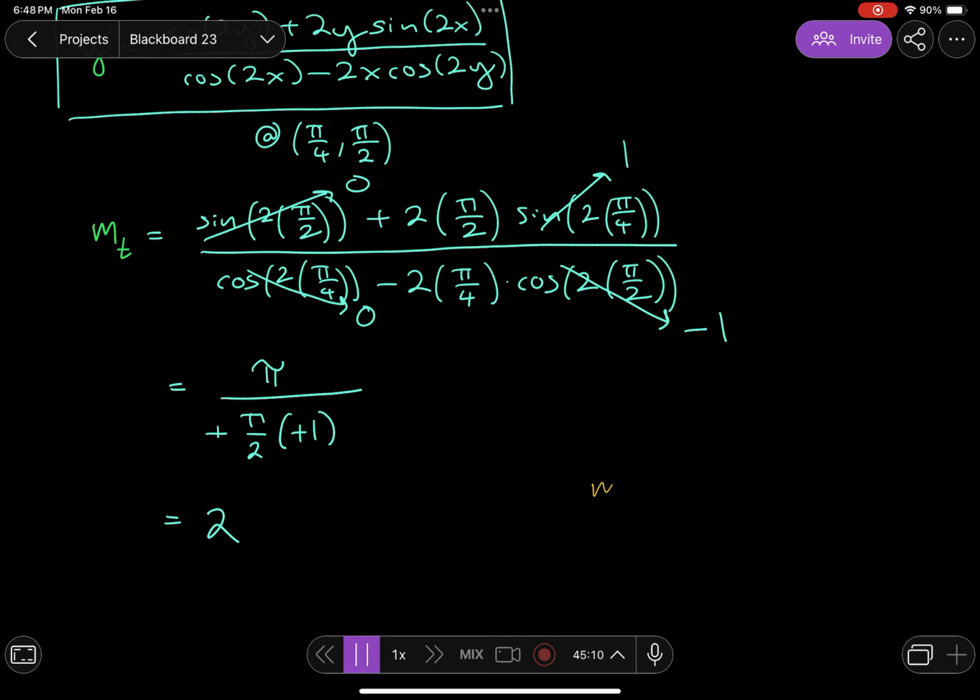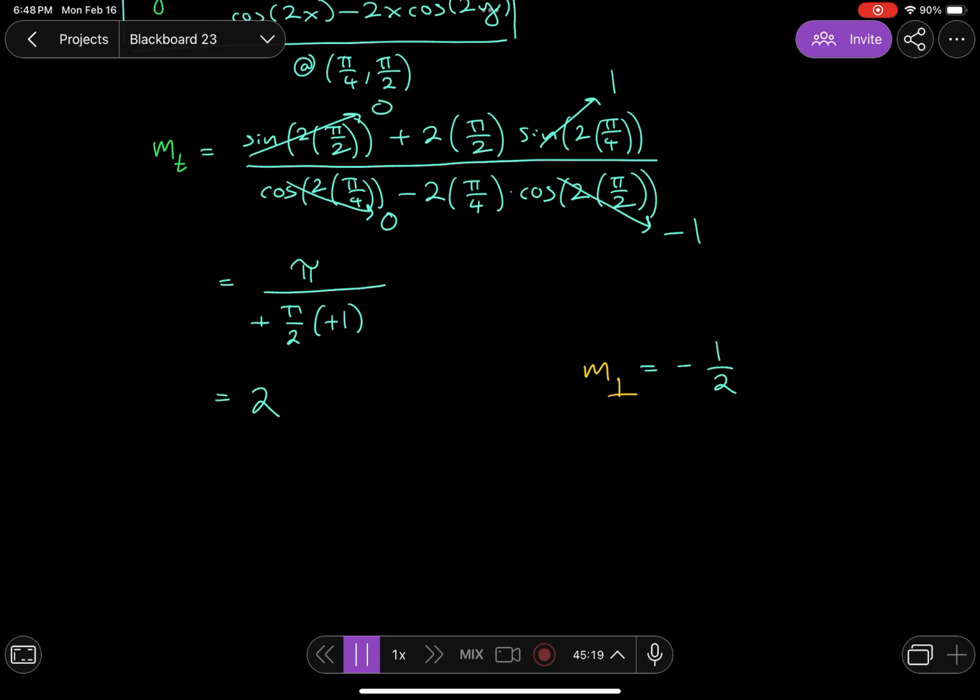Slope of the tangent line is 2, which tells me that the slope of the normal line is equal to negative 1/2. And then I use my nice formula, y minus y naught is equal to the slope of the tangent line times x minus x naught. And we have y minus the point that we know is on our line, that's pi halves, is equal to 2 times x minus pi fourths.